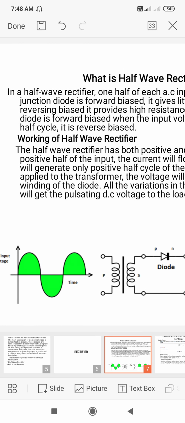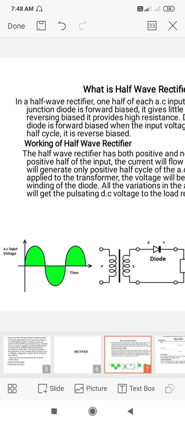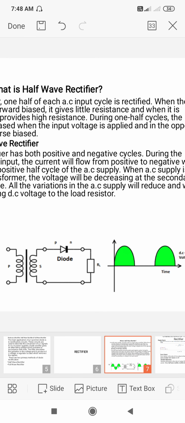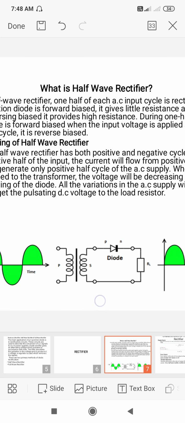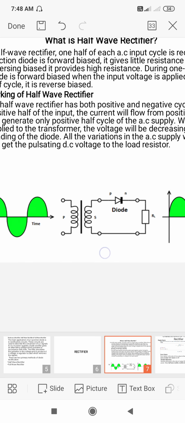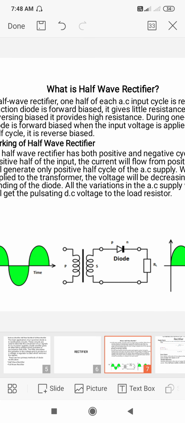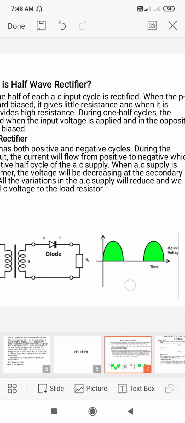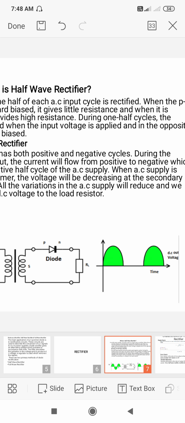This is the AC input signal applied to the rectifier, and you will get an output of this wave shape, half of the input wave shape. When we apply the AC signal, we get the half cycle DC output voltage.